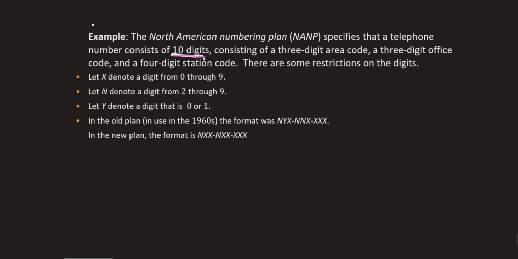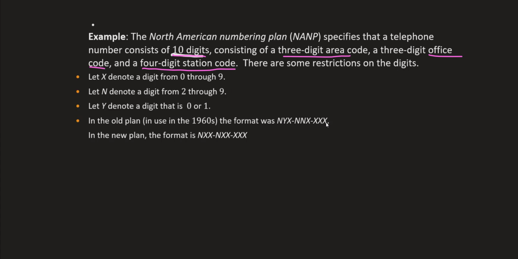The first 3 represent the area code, then 3 digits represent the office code, and the last 4 digits represent the station code. So in total, these are 10 characters.